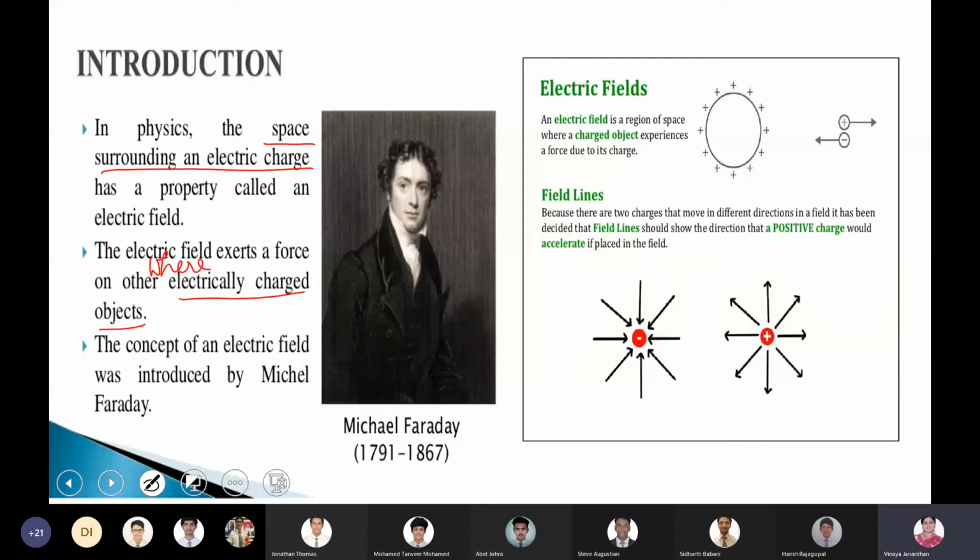The space surrounding an electric charge where other electrically charged objects experience a force is called an electric field.